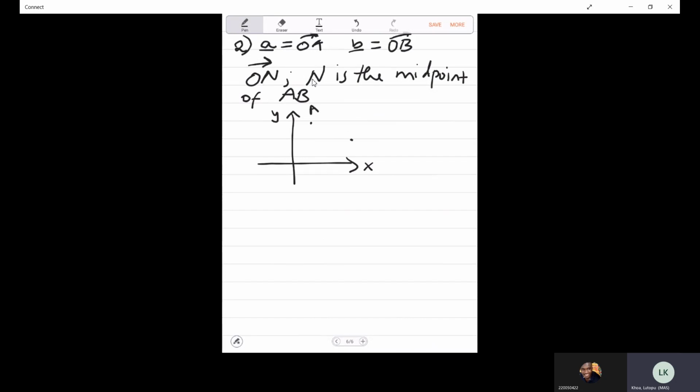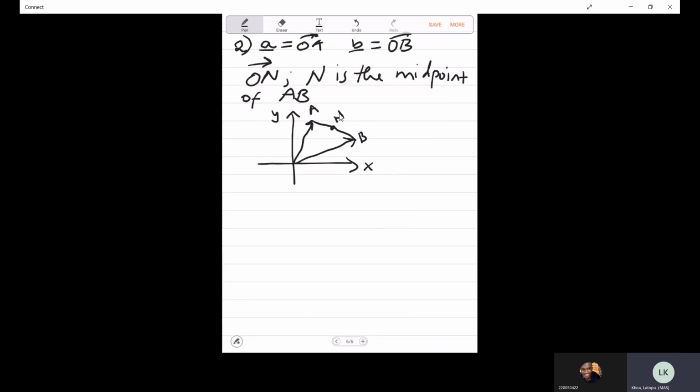You have another point B here. The position vector goes from the origin to A. That's to B. And then we are told that N is the midpoint, so we know how to find the midpoint. You draw a line connecting A and B, and right in the middle you will have N. Okay, so N is over there.